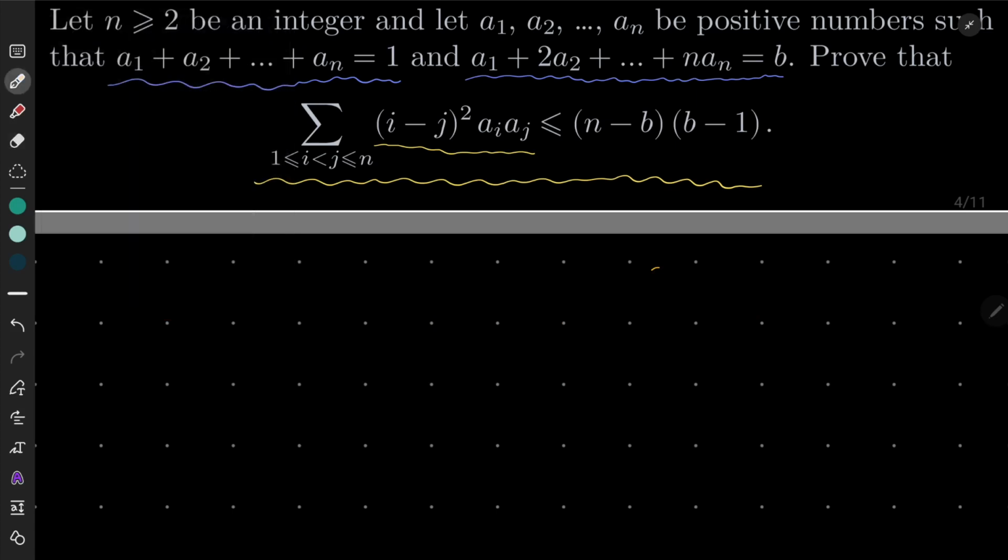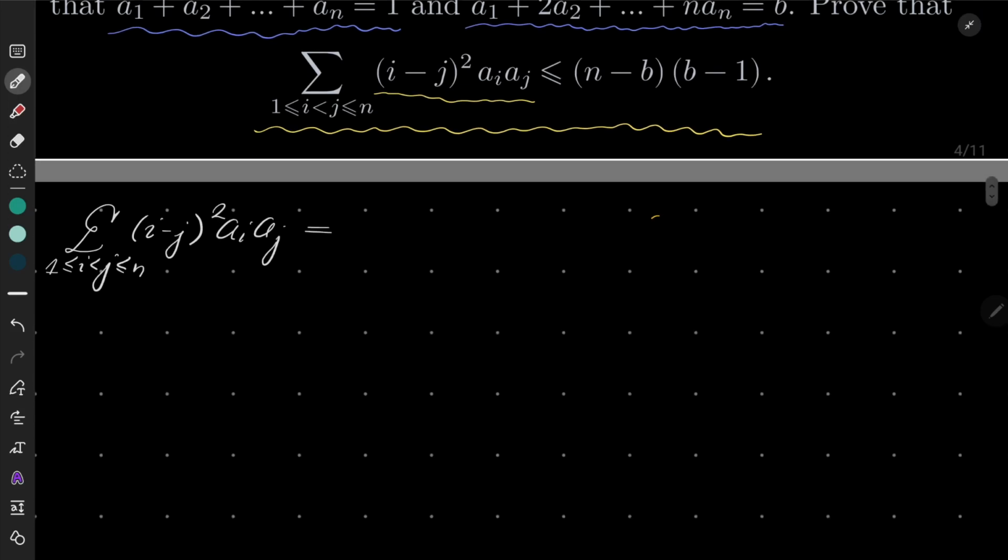Here is my attempt. First of all, let's take our sum. This sum equals 1/2 the sum over all i not equal to j, and j is less than n. Why is that?